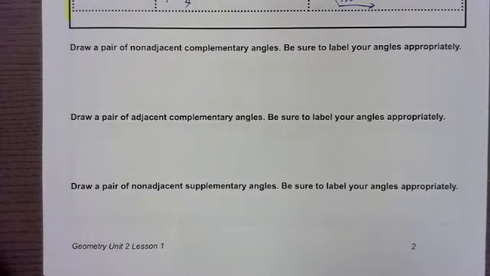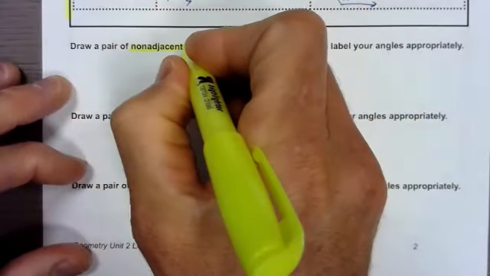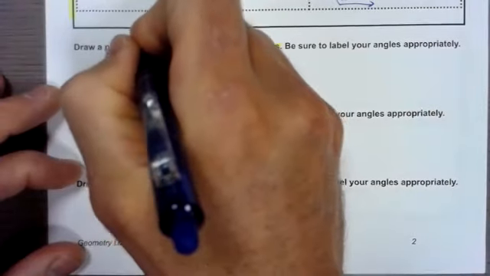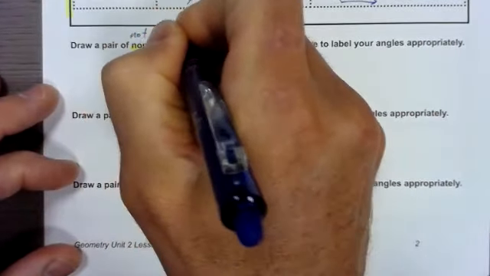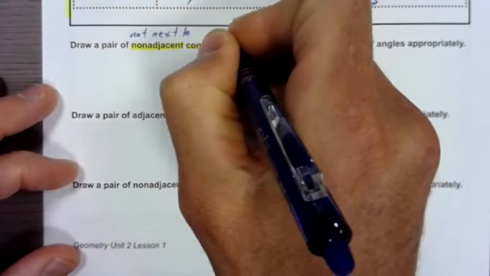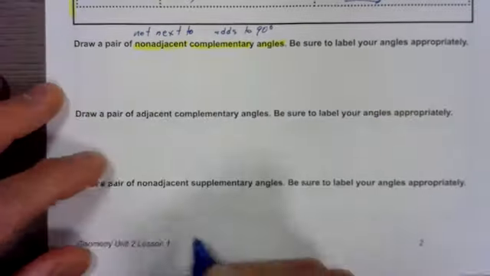All right, now we have draw a pair of non-adjacent, not next to each other, complementary angles. So non-adjacent, not next to, and complementary means adds up to 90. Okay, so two angles that are not next to each other that add up to 90.